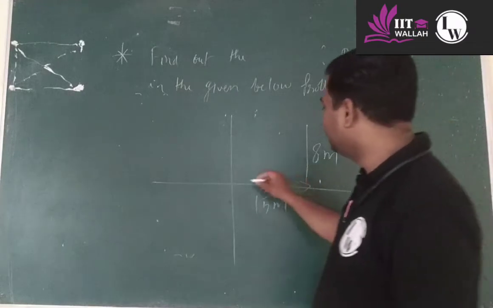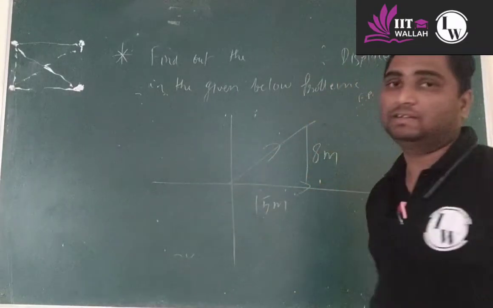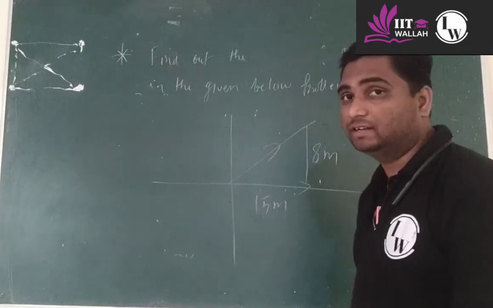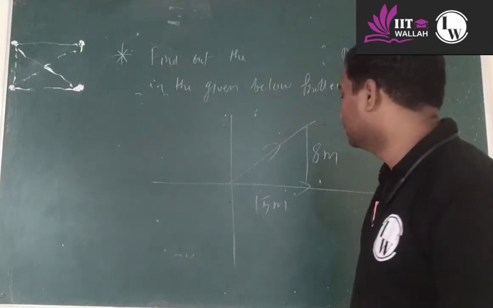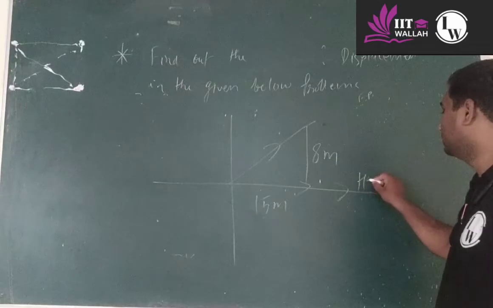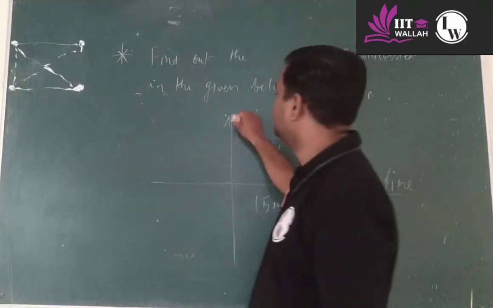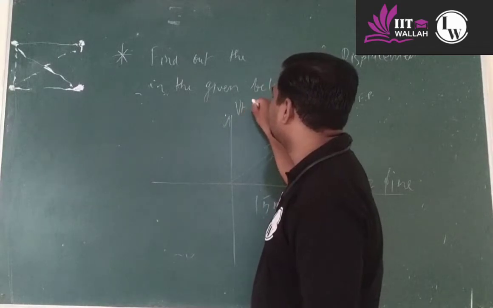Now you have to find in which direction the displacement will be covered by the person. So you know that this is the horizontal line, and this is the vertical line.